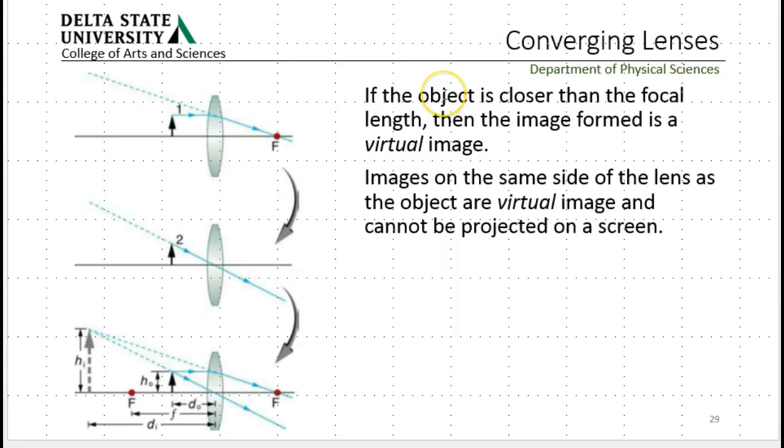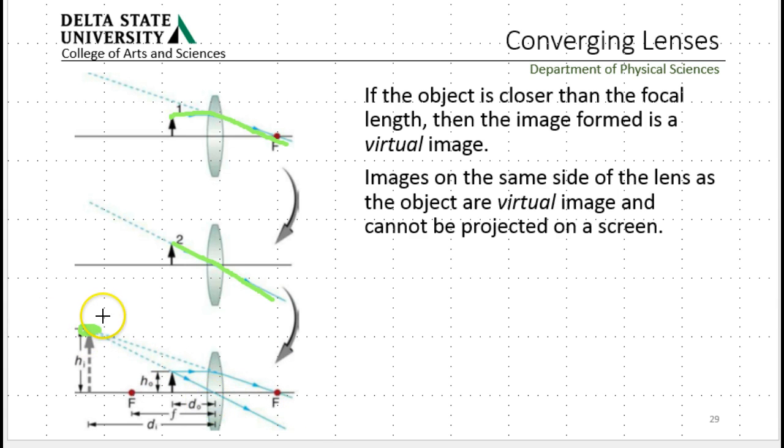Now, for converging lenses, if the object is closer than a focal length, we draw the parallel line, not an issue, and draw the line straight through, not an issue. But where do these intersect? It turns out these now intersect at a point over here.